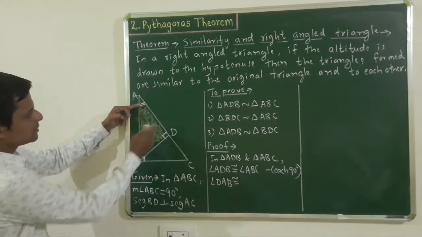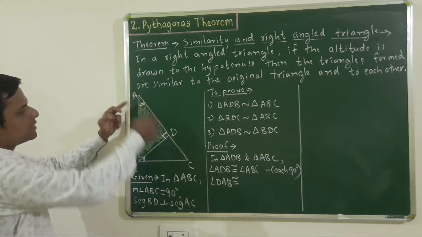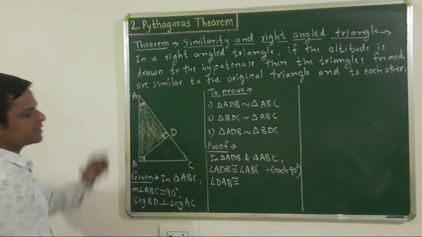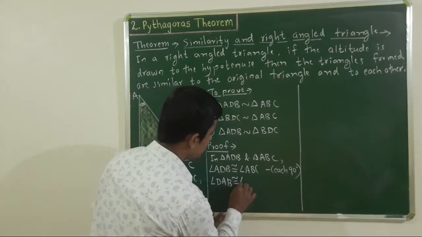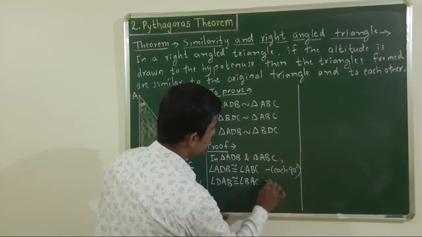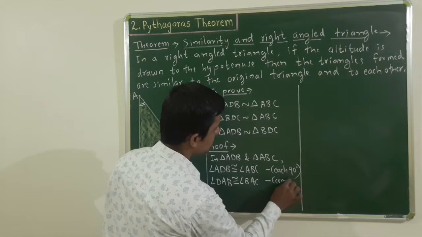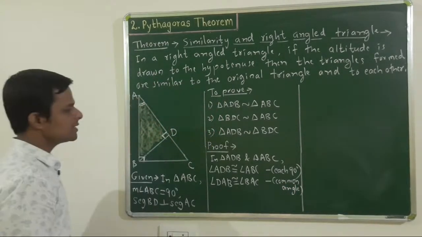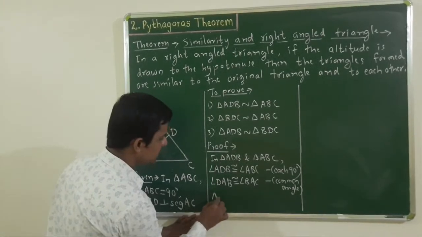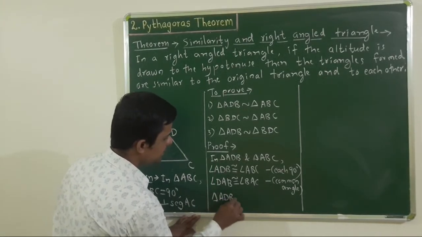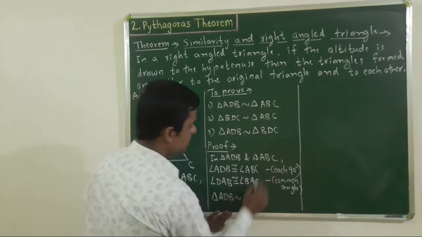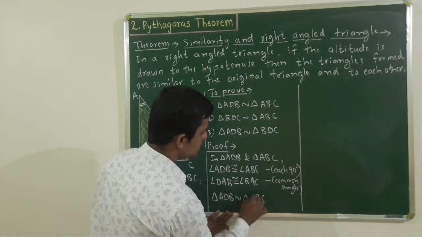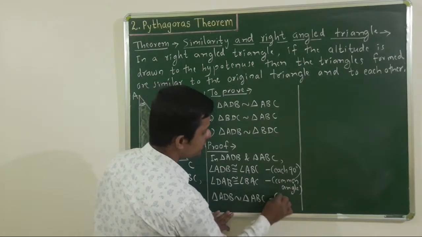Angle DAB is congruent to angle BAC. The angle is the same but the names are different. Angle BAC, reason: common angle. Hence triangle ADB is similar to triangle ABC by AA test.